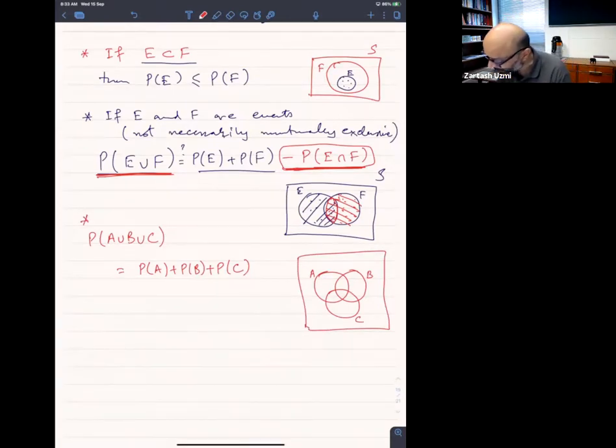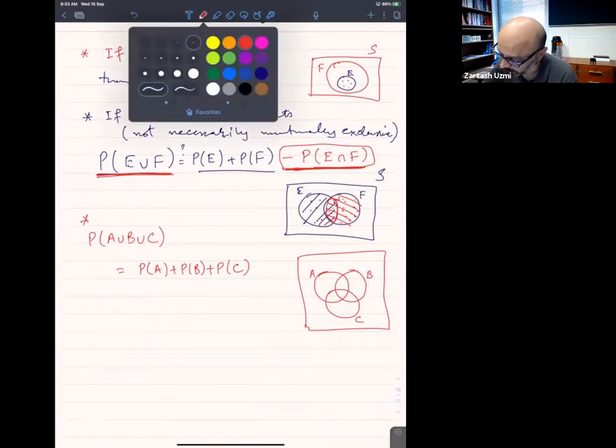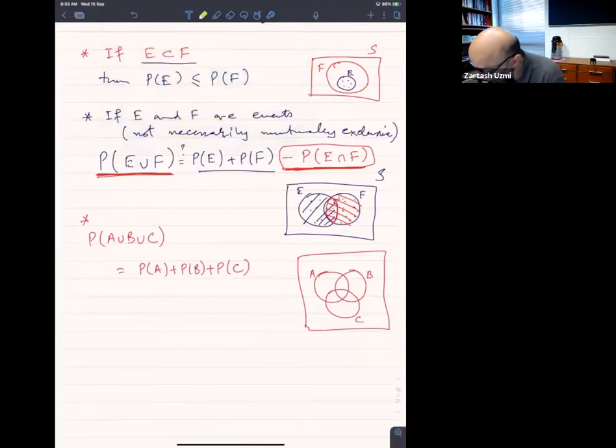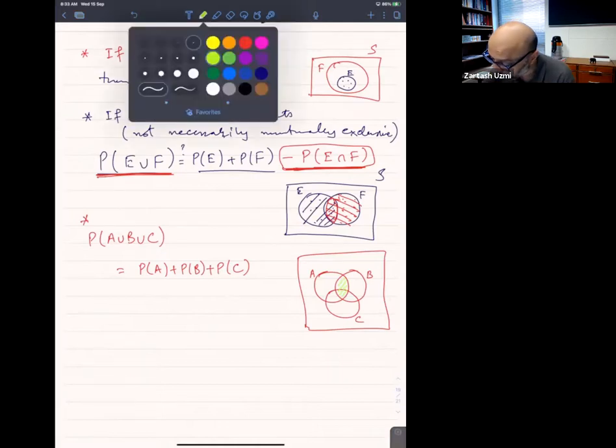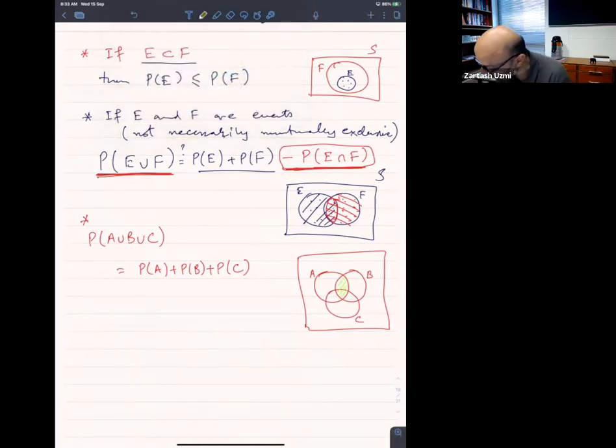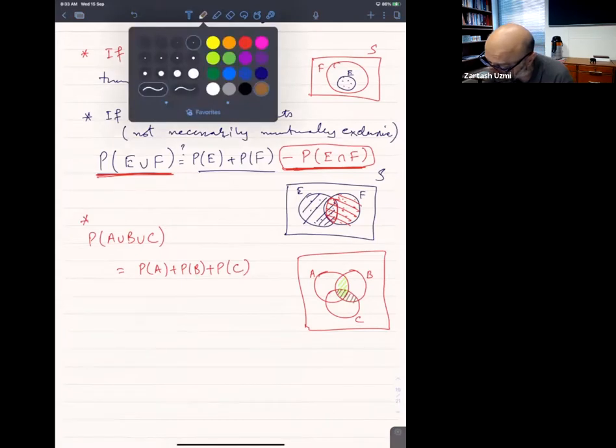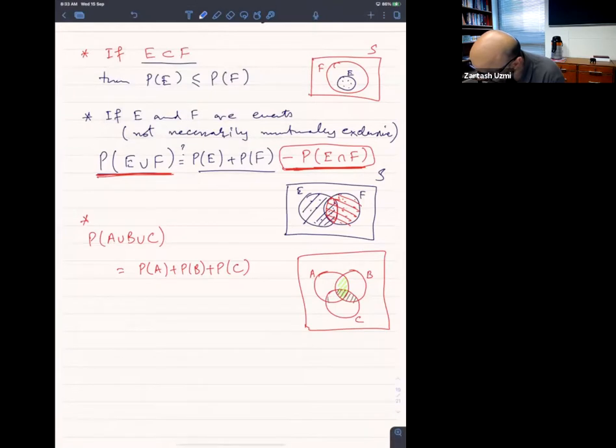So क्या चीज हम subtract करते हैं? सबसे पहले let's subtract ये A intersection B को, ठीक है. और भी कोई चीज double count हो रही है, and that thing which is double counted is this guy. इसको भी subtract करते हैं. और किस चीज को subtract करना है? Let's subtract this guy.